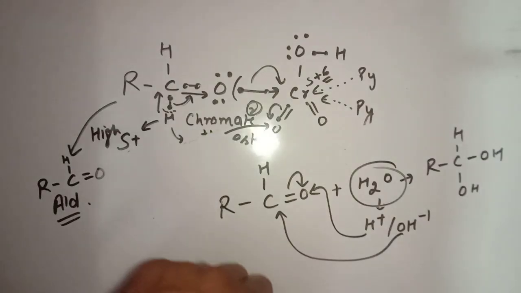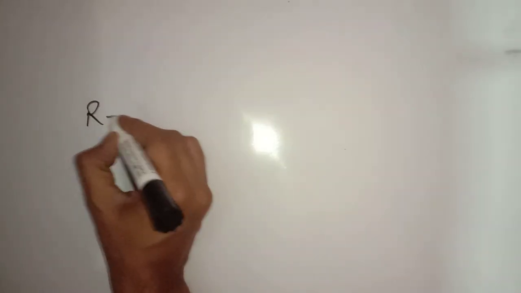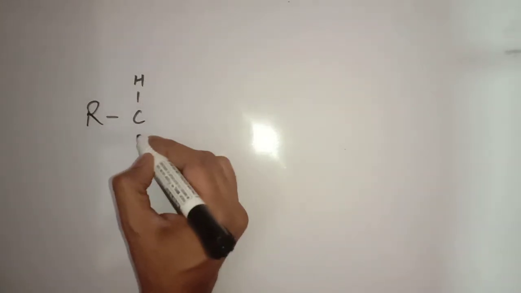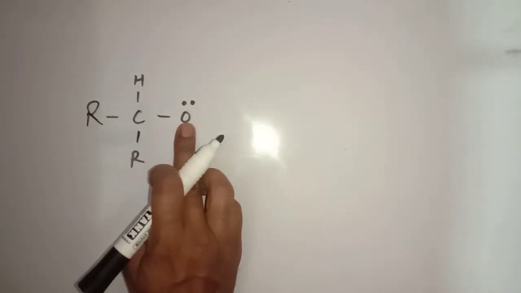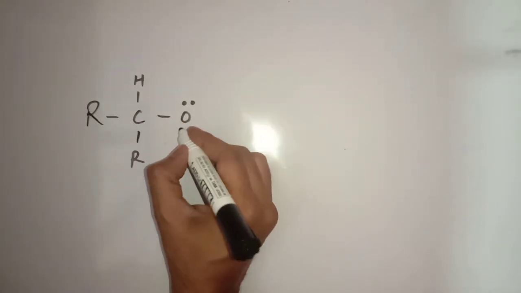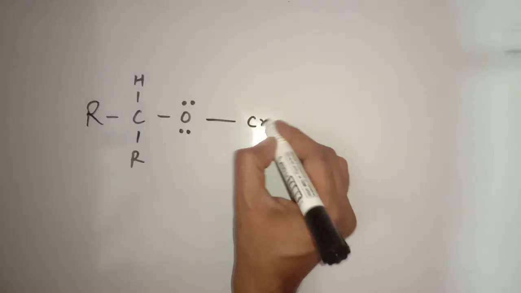Now next, 2 degree alcohol. Same mechanism for 2 degree alcohol. This is 2 degree alcohol. Directly I am going to write the step up to chromate ester.